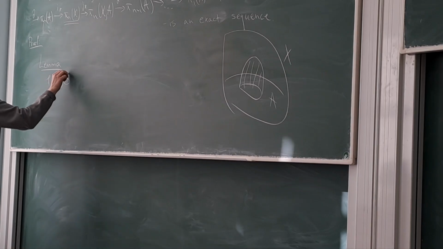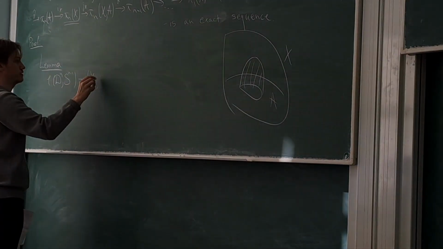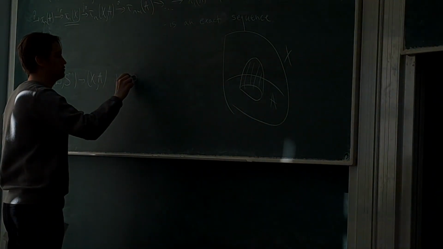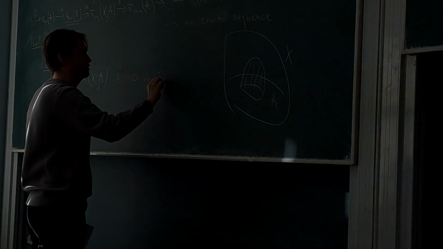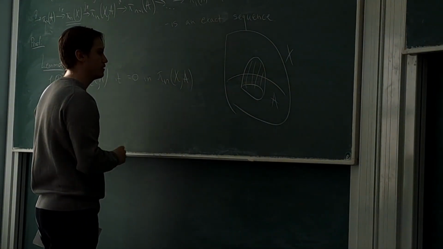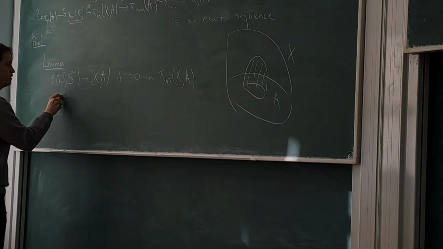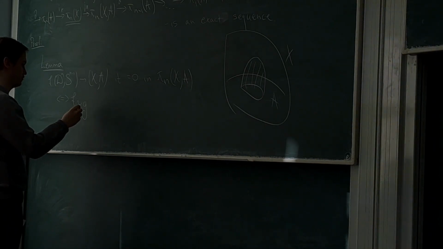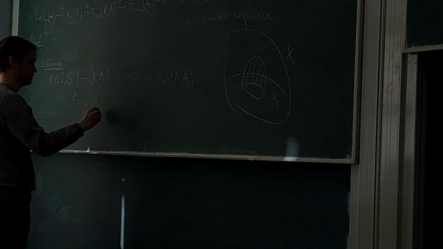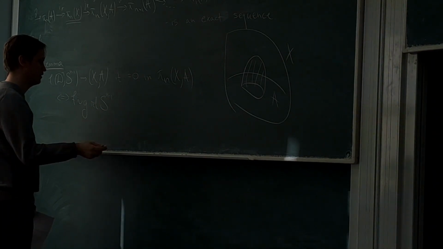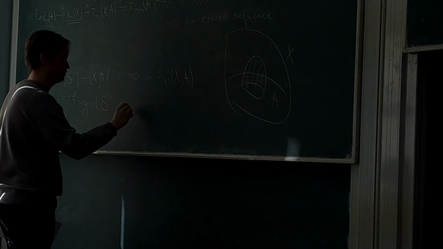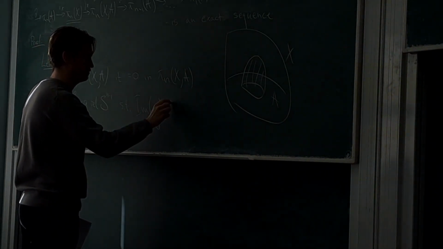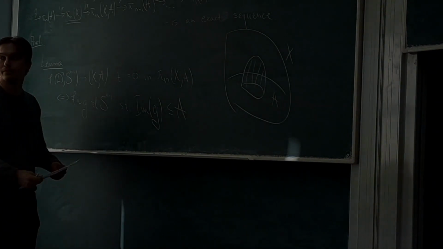If we have some relative spheroid f in the pair X and A, it is equal to 0 in the relative homotopy group if and only if it's homotopic to some other spheroid g, relative to the boundary of the disk, such that the image of g lies in A. Okay.